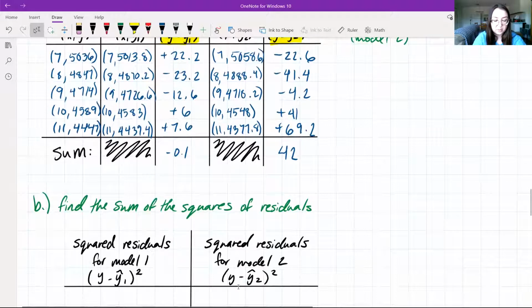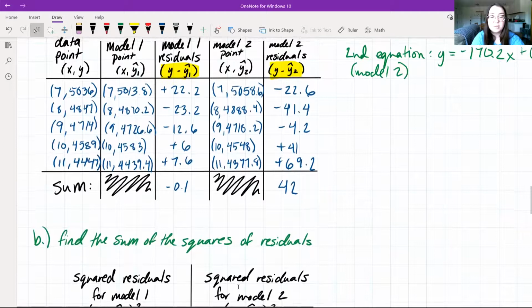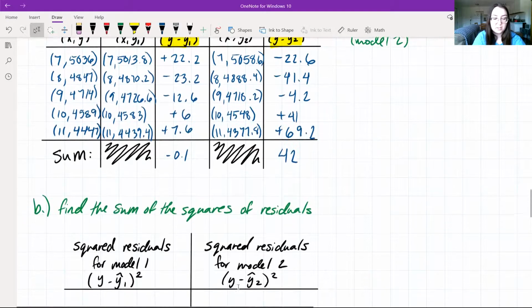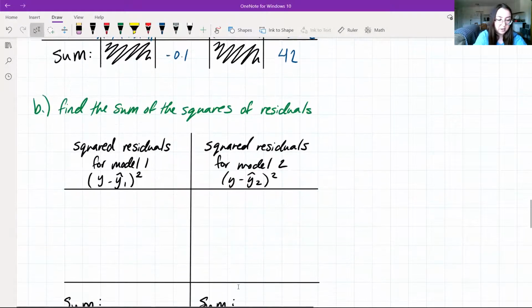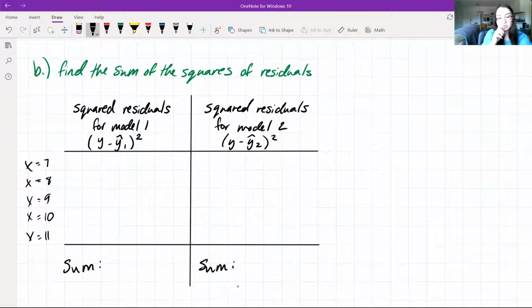So for our first one, we're going to use model 1 now. And it's the same equation. It's y minus y hat 1 squared. So for that very first point, and I'm going to fill in these values over here just so we remember, this is x equals 7, x equals 8, x equals 9, x equals 10, and x equals 11, just so we remember those.